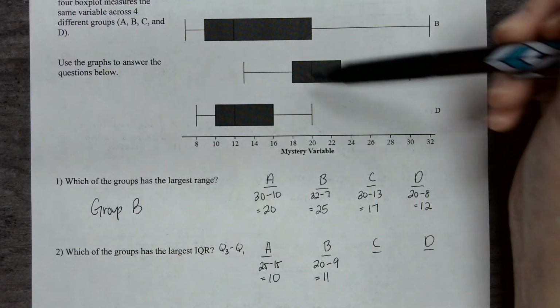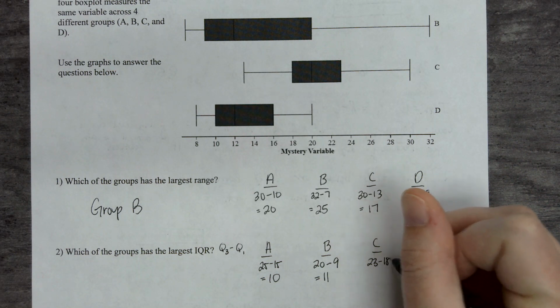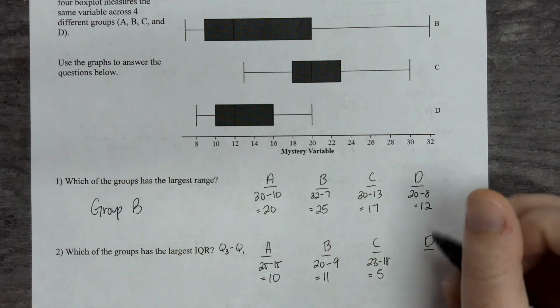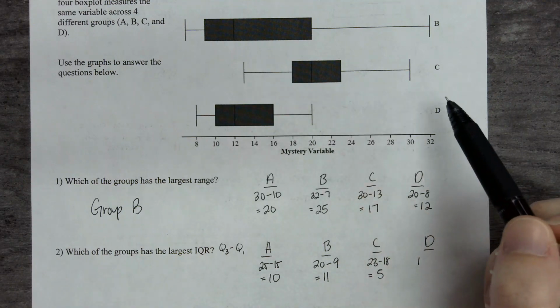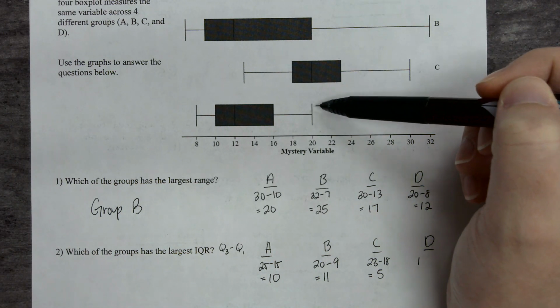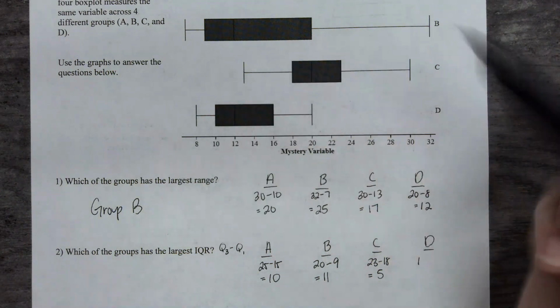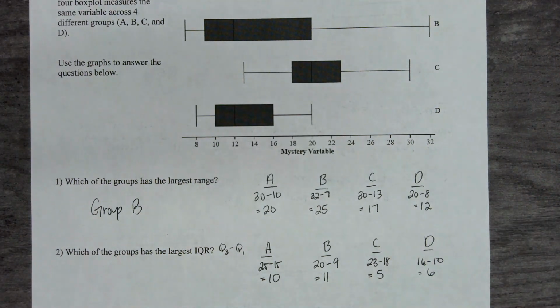For C, we look at 23 minus 18, tiny little guy, which is 5. And for D, it should be 16 minus 10, and we get 6.